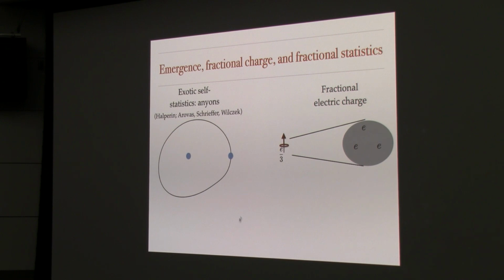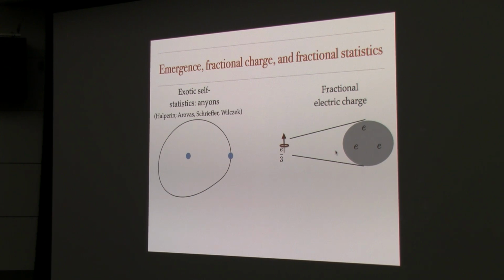Okay. So the first interesting property of these particles is that you'll notice that I wrote a little E/3 here, which is to say that Laughlin showed that they carry a fractional electric charge. And this fractional charge is very different from the charge of 1/3 or 2/3 that you get when you look at quarks, because a quark is a fundamental particle, but here, microscopically, if you zoom in and look at the system closely, you will see only electrons, okay?